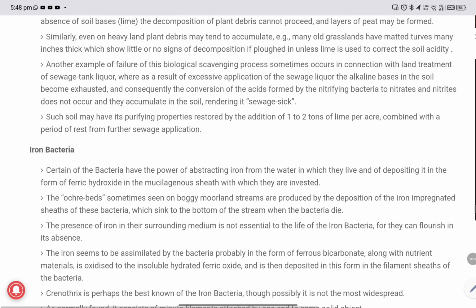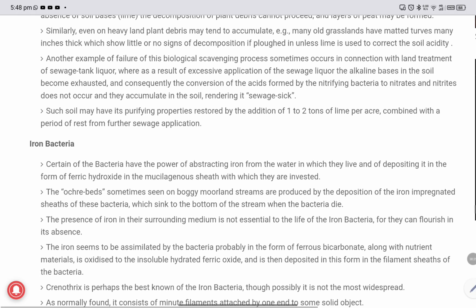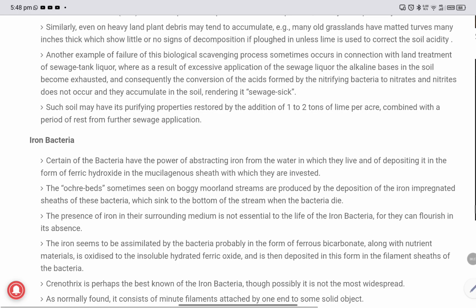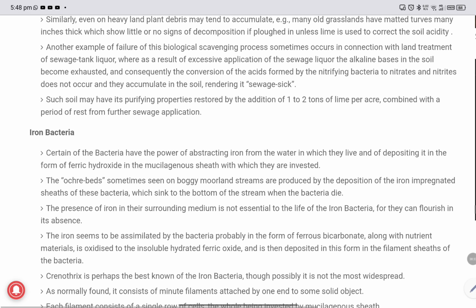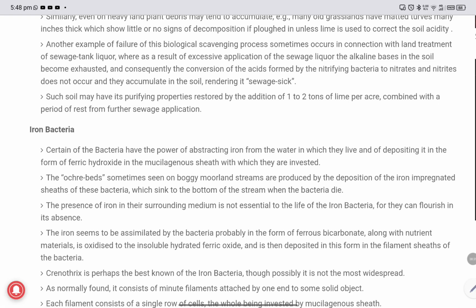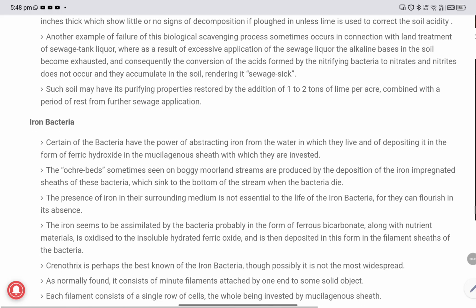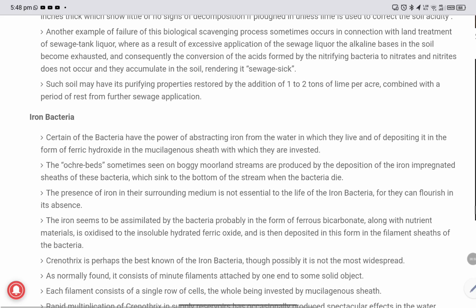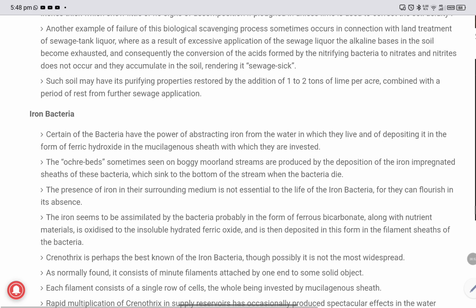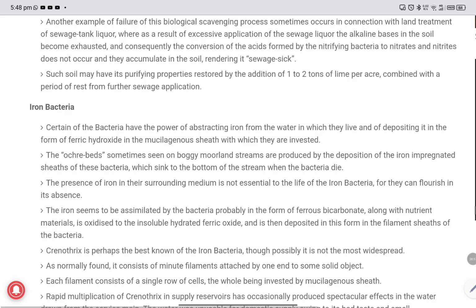Another example of failure of this biological scavenging process sometimes occurs in connection with land treatment of sewage tank liquor, where, as a result of excessive application of the sewage liquor, the alkaline bases in the soil become exhausted and consequently the conversion of the acid formed by the nitrifying bacteria to nitrate and nitrite does not occur, and they accumulate in the soil, rendering it sewage sick.